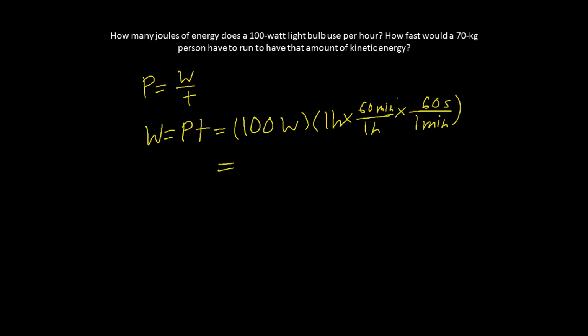This is equal to 360,000 joules. This is the amount of energy that the 100 watt light bulb uses per hour.